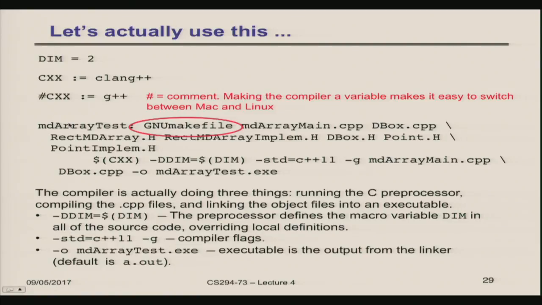What does MD-array test depend on? Well, it depends on the main program, obviously. It depends on the things that I need for rectMD array. RectMD array, its implementation, box and point. Box has a CPP file. Point has an implem file. Point is not templated, so why an implem file?